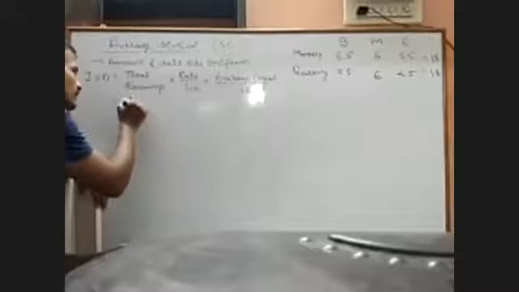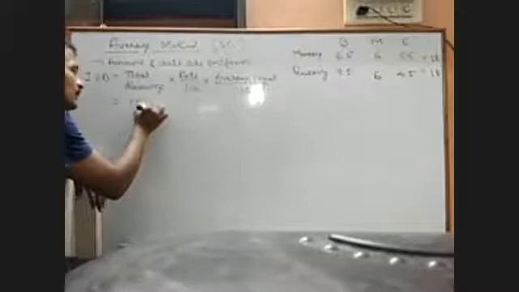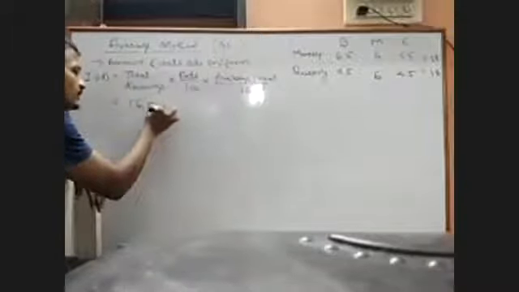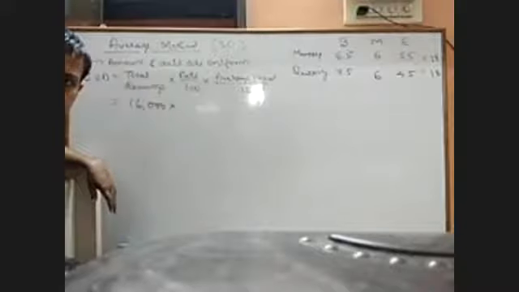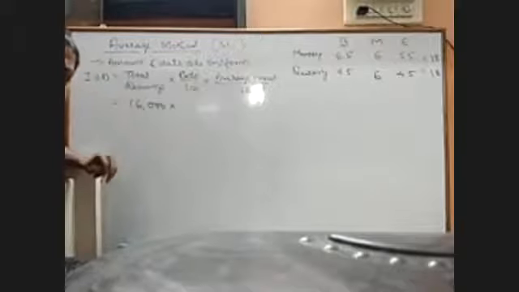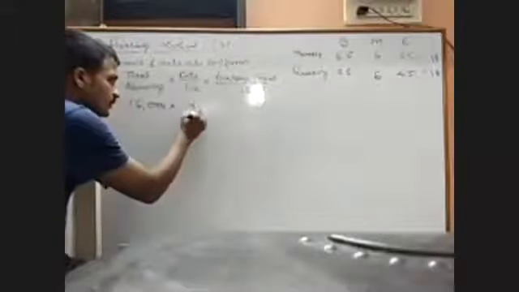So per quarter he is withdrawing 4,000 rupees, that means he will be withdrawing 16,000. And what is the rate of interest in that problem? 9%.